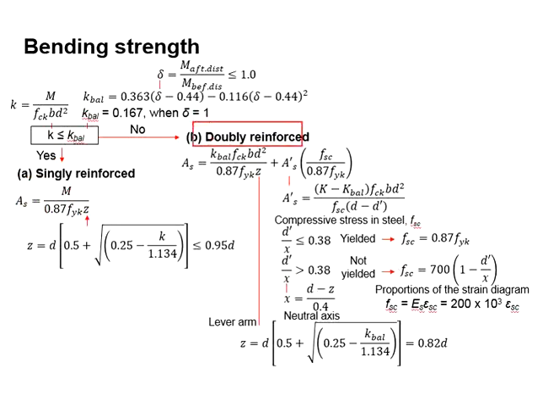Whereas for the doubly reinforced member, you need to determine both the compression steel bar and the tension steel bar. Why are they different? In the singly reinforced members, the concrete strength is sufficient to carry the compressive stress when the member is subjected to bending.